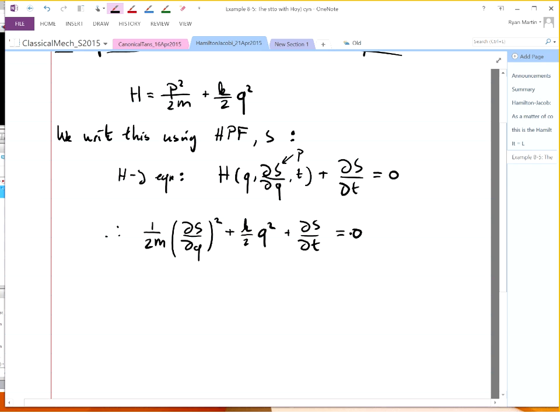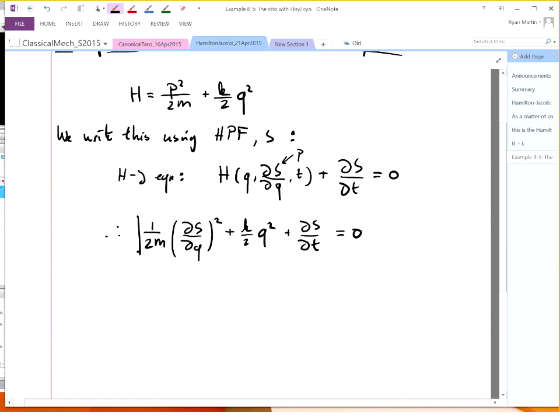You need to know what the Hamiltonian is, and then you put it into the Hamilton-Jacobi equation, where you've written the Hamiltonian in terms of ∂S/∂Q. So you've removed all the p's in favor of the partial derivatives of Hamilton's principal function. And so that's it, right?